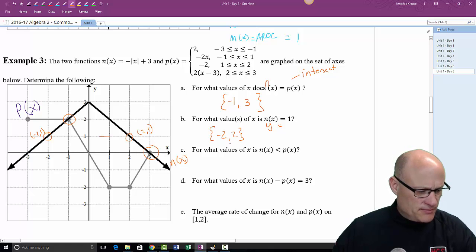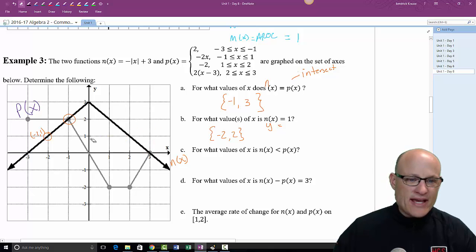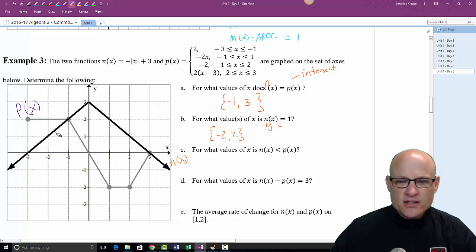All right, moving on. For what values of x is n of x less than p of x? Since it's less than, we're looking for when it is below. Now, n of x is the black.